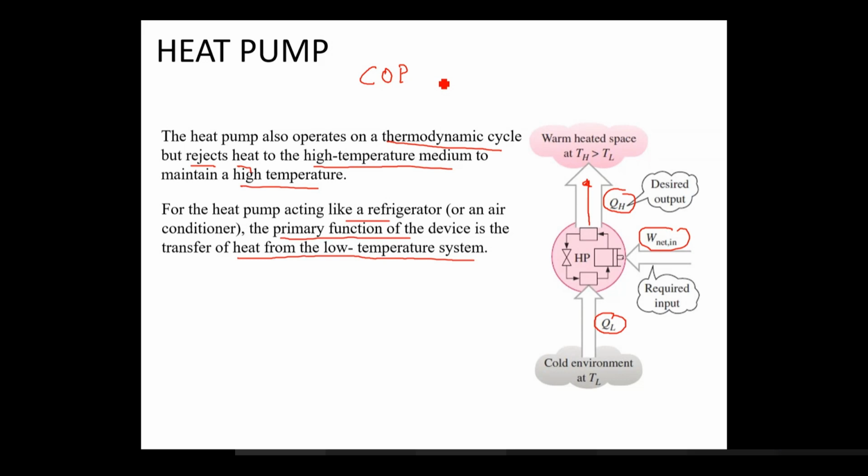QH, which represents heat pump. Can you hear me? Yes, sir. All right. So you'll have desired output over required input. Again, in case of heat pump, what is your desired output?